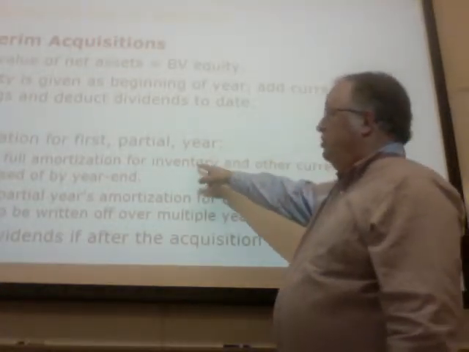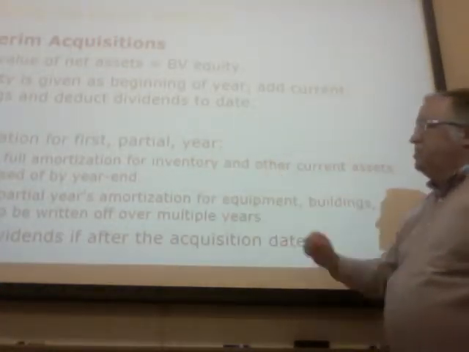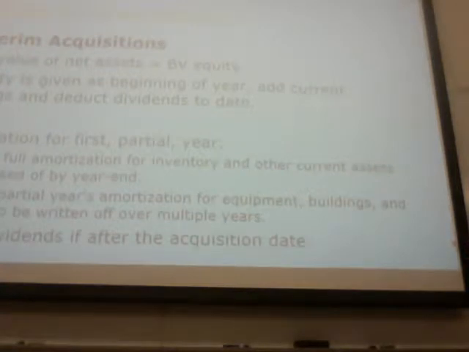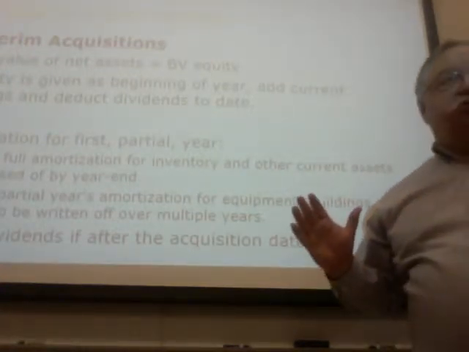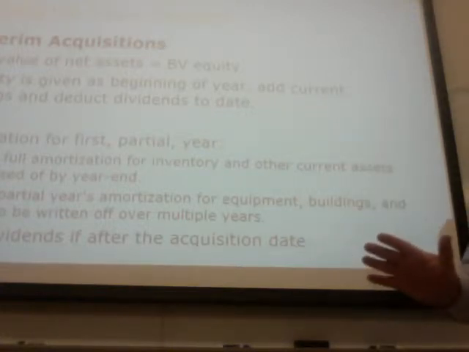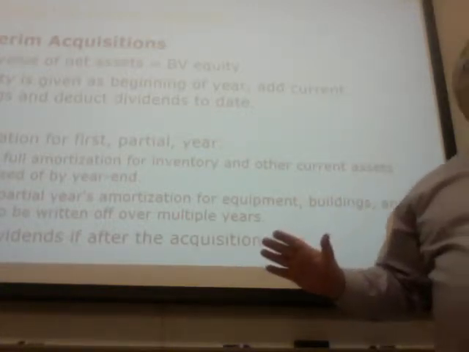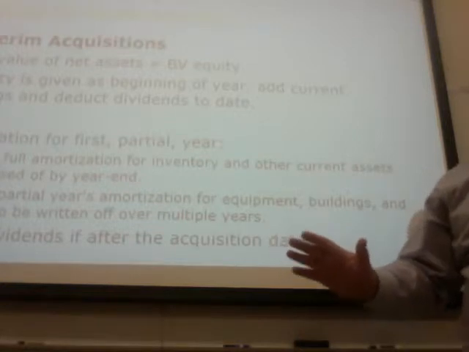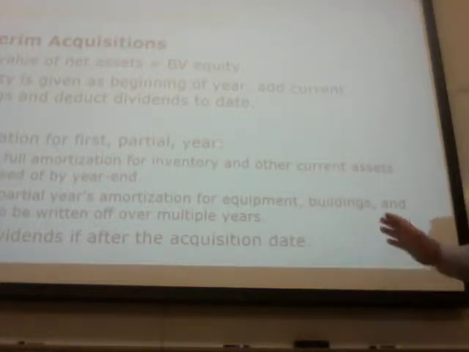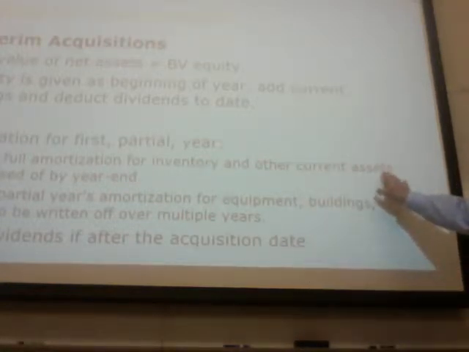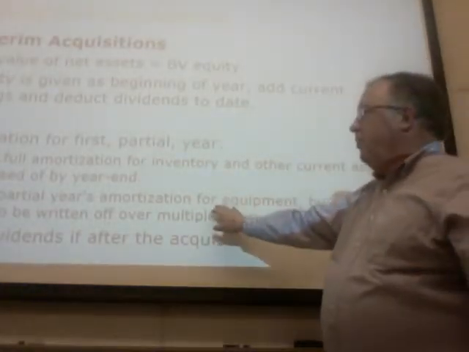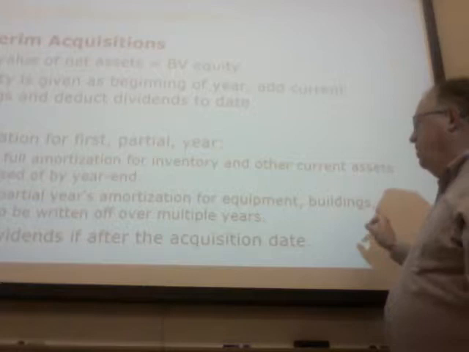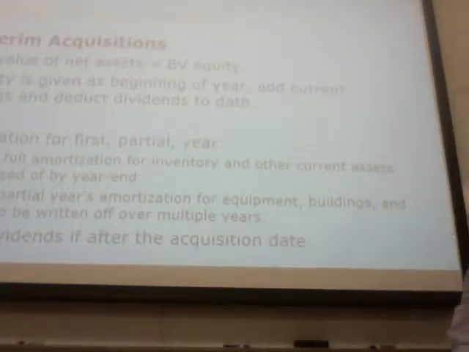Amortization for the first partial year. In our examples, we'll take full amortization for inventory and other current assets disposed of by year end. Even if it's a short year, we assume that they're gone in that short year. We will leave, in the real world, slow-moving inventory and those other things for you to deal with. But in our examples, we'll always use full amortization, even for a short period. But we'll take a partial year's amortization for equipment, buildings, and debt to be written off over multiple years.